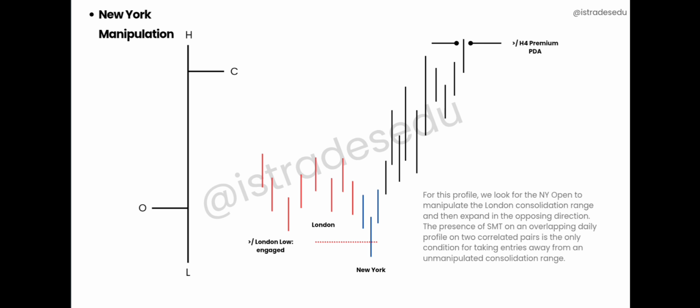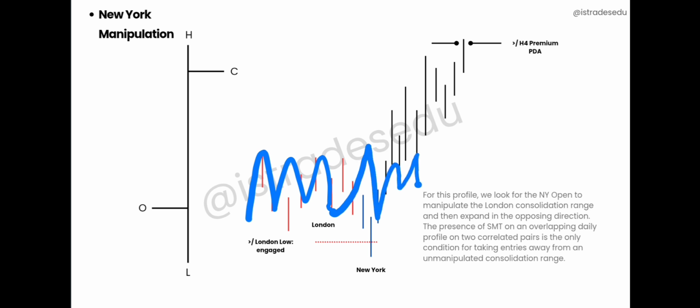Now the presence of SMT on an overlapping daily profile on two correlated pairs is the only condition for taking entries away from an unmanipulated consolidation range. What this means is that if the Asian session ranges and then the London session also ranges, but the New York open doesn't manipulate the London range and doesn't manipulate this low, the only reason we'll consider that as a New York manipulation is if there's an SMT that happens.